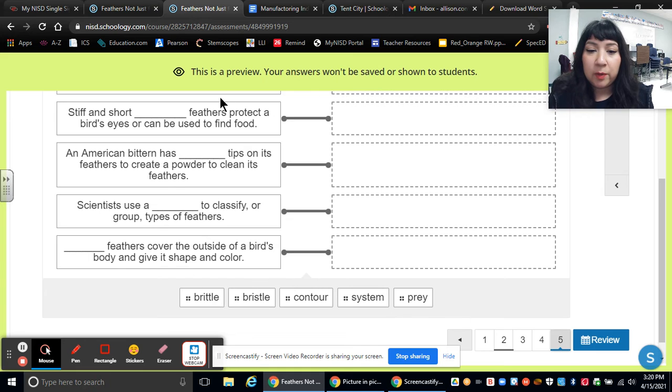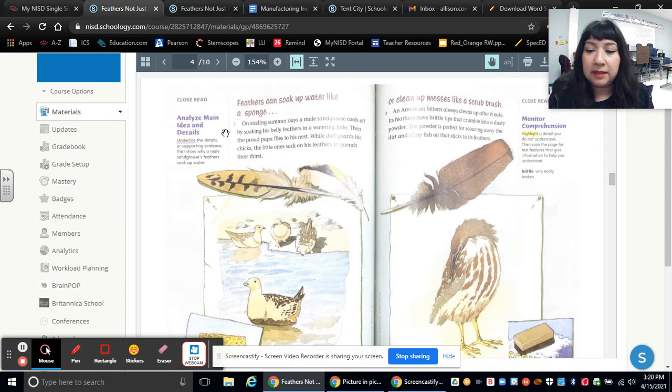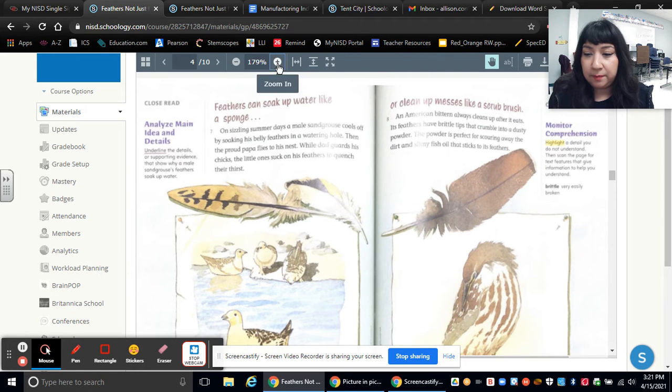Since they are all vocabulary words from the text, they are going to be on the side in bold. If I can zoom in, you can see right here on the side, brittle is bold. It gives you the definition, very easily broken.